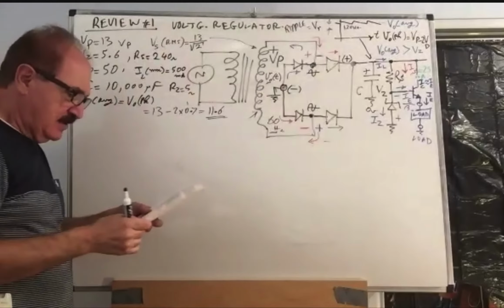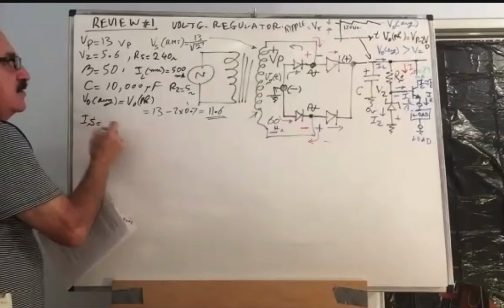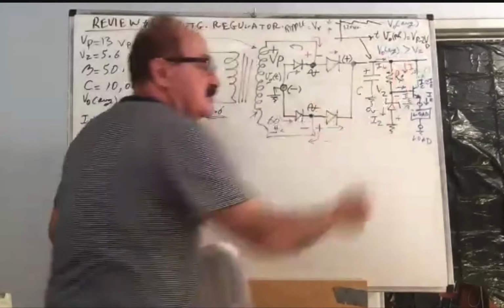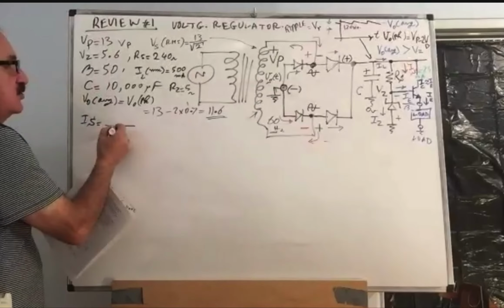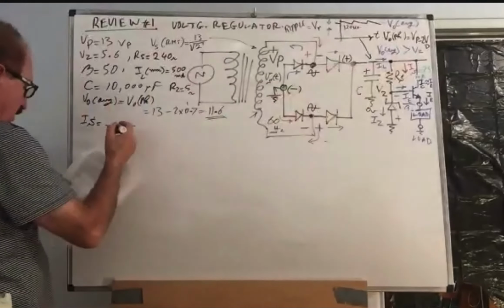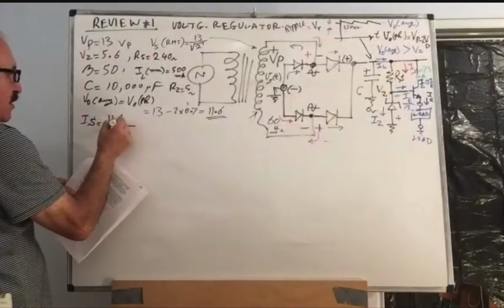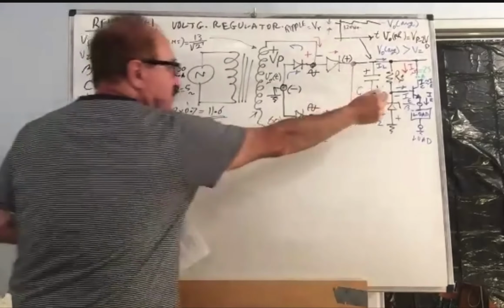Okay? IS, which is the current in the resistance RS, is now equal to the average voltage here, which we know it's 11.6, minus 5.6 approximately, the Zener voltage.